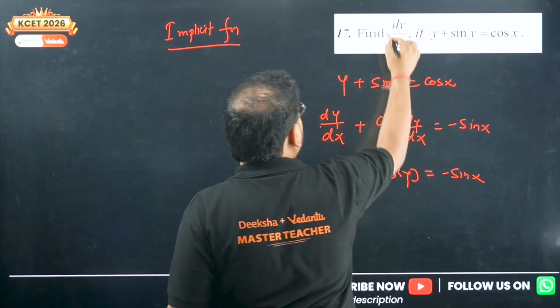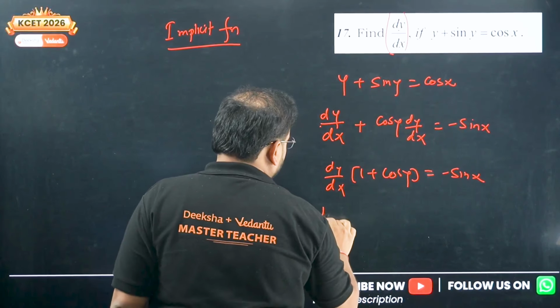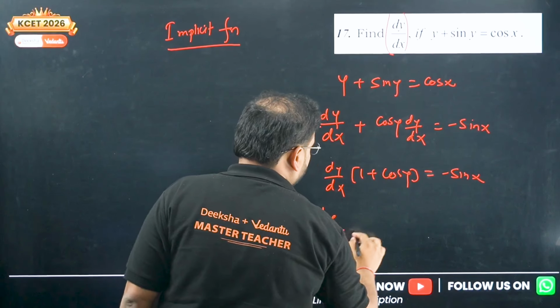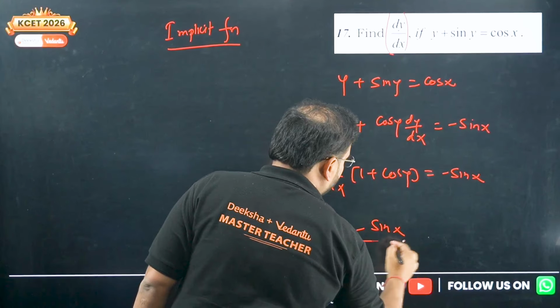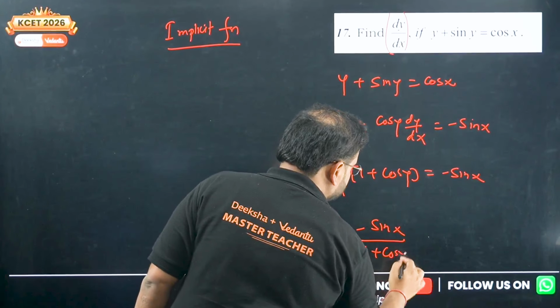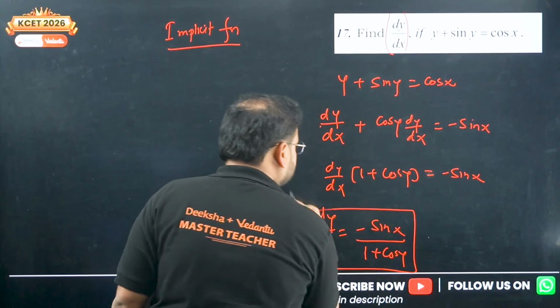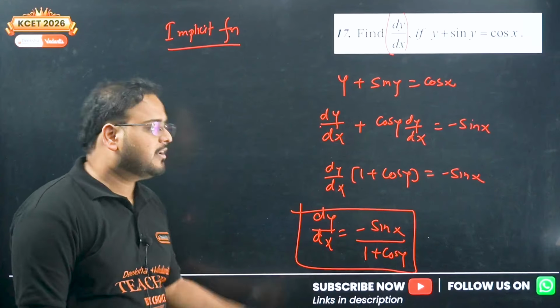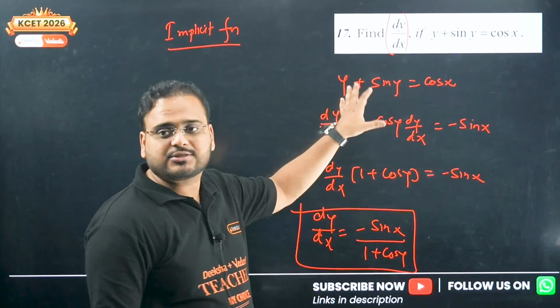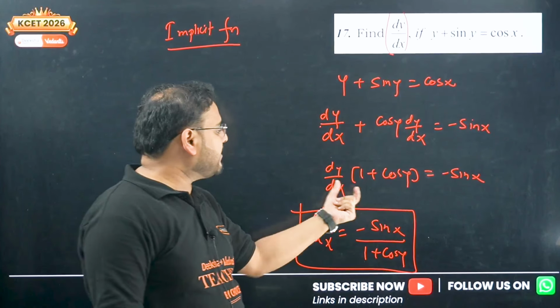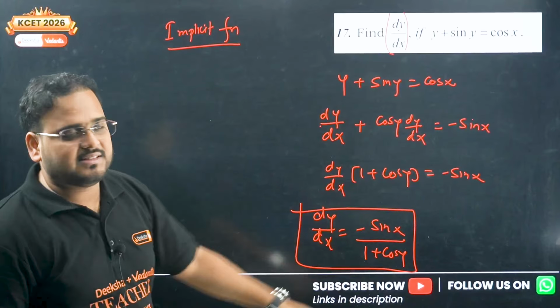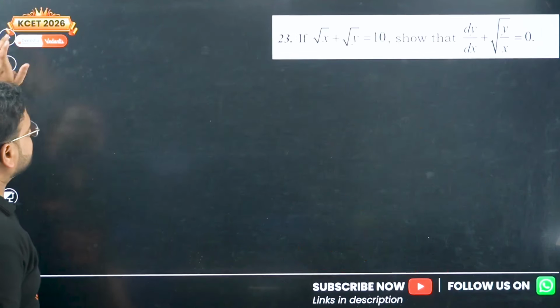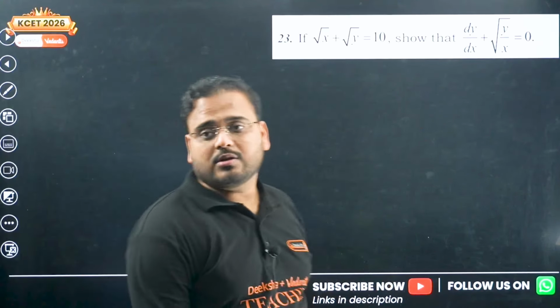What are we looking for? This value, hence we have dy by dx equals minus sin x upon 1 plus cos y, and that's my answer. We don't have a y exactly as a subject, so we differentiate it like this itself. Take dy by dx common to get the final answer in this way.